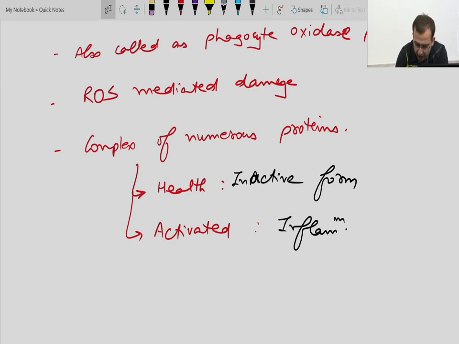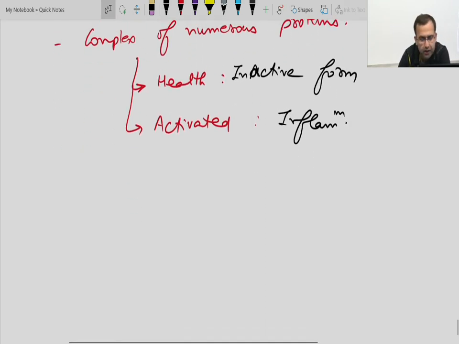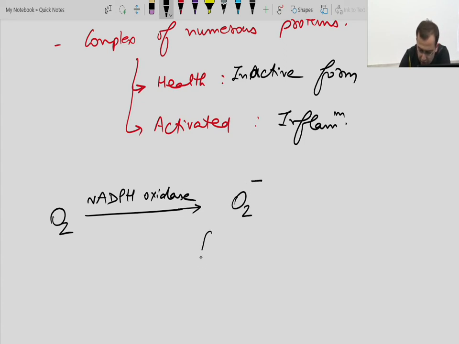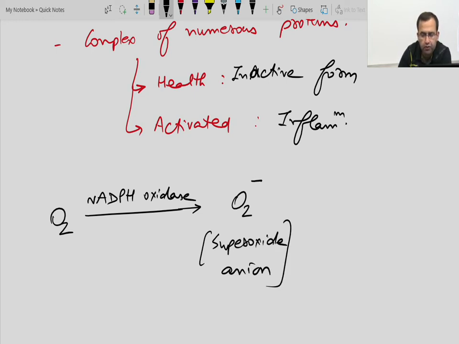Next point, how does NADPH oxidase act? Oxygen by NADPH oxidase is converted to superoxide anion.